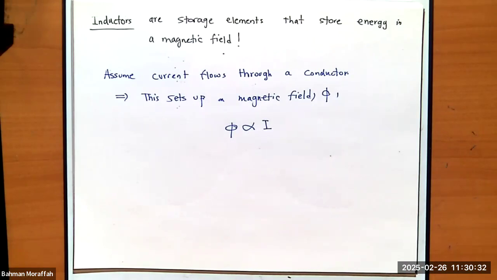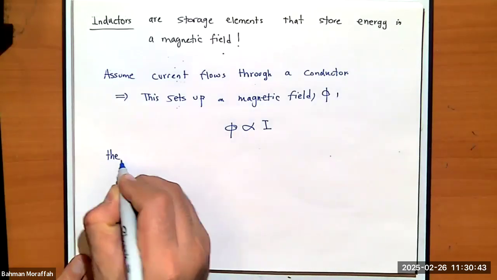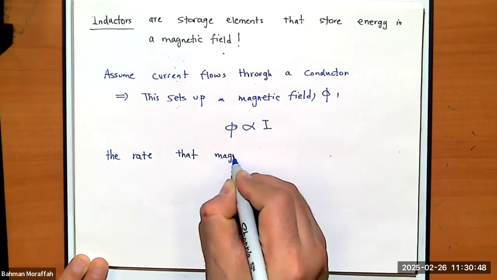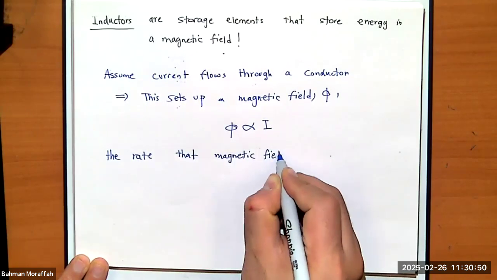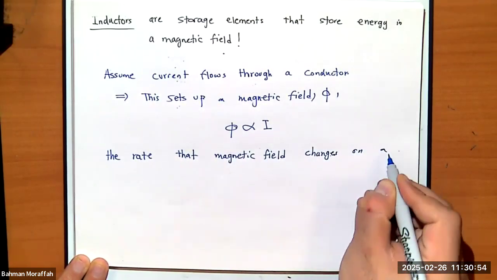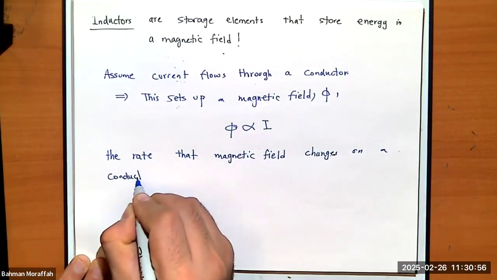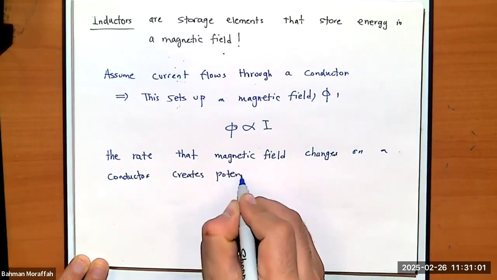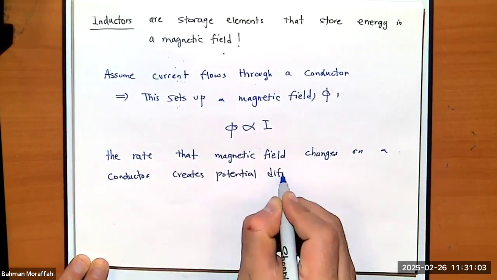The rate that this phi, this magnetic field, changes over time gives us potential difference. So the rate that the magnetic field changes on a conductor creates potential difference.